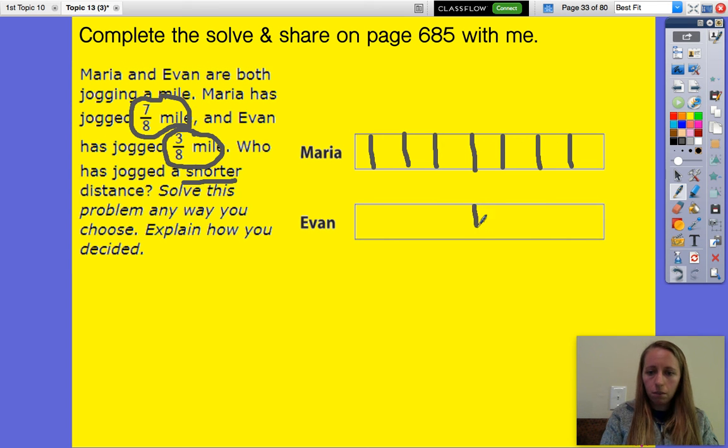I'm going to do the same thing for Evan because our denominators are the same in this problem. We have 7/8 and 3/8. So I'm just using my top one as a guide to figure out where I need to draw my lines. They're both divided into 8 pieces. Now we know that Maria jogged 7/8 of a mile.